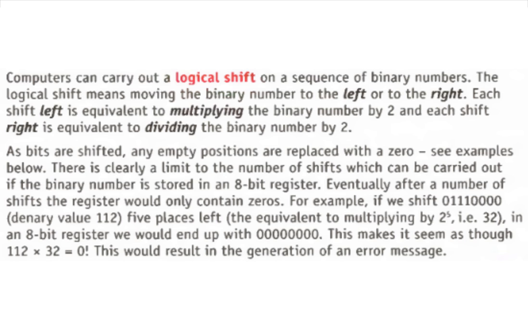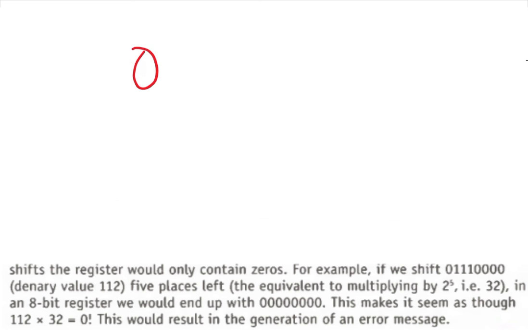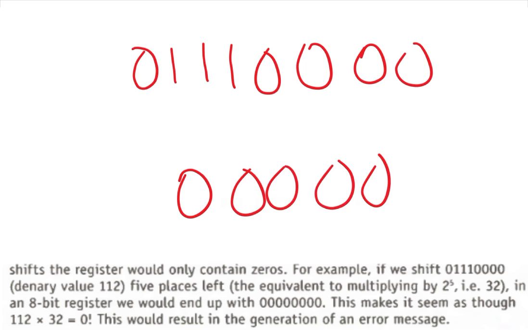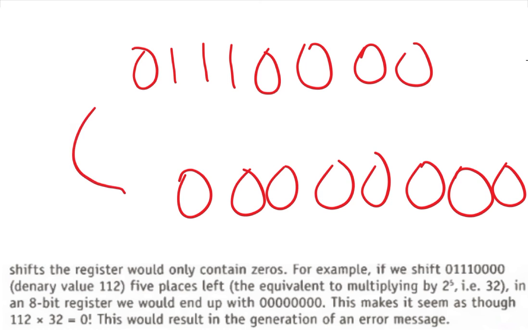For example, if we shift 01110000 5 places to the left, an 8-bit register would end up with 00000000. This makes it seem as though 112 multiplied by 32 is equal to 0. This would result in the generation of an error message.